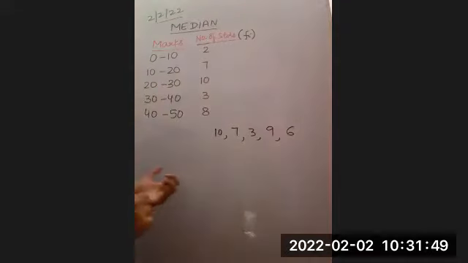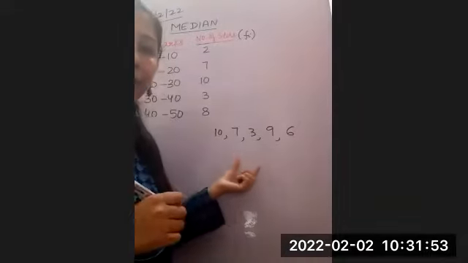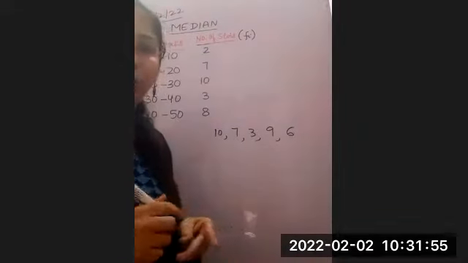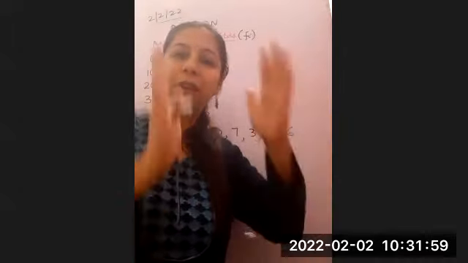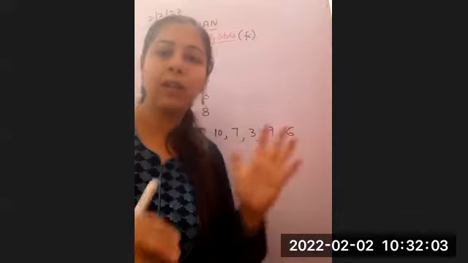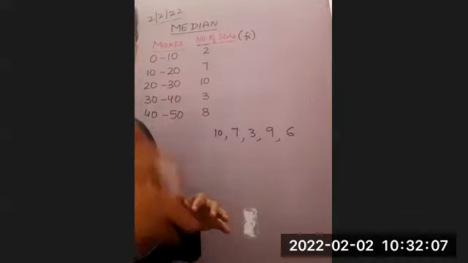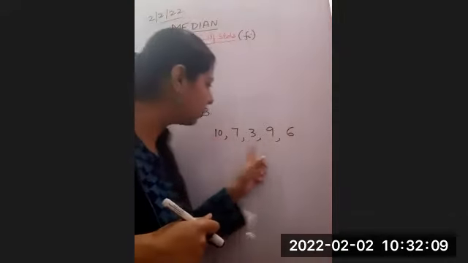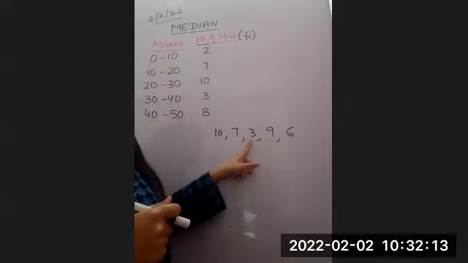And I'm supposed to find the median of this data. Median is the middlemost value, to the left of which and to the right of which there are exactly 50% of values. One side all smaller than it, one side all greater than it. Yes beta, can you tell me what is going to be the median of this data? Is it going to be 3 because 3 is the middlemost value this time?